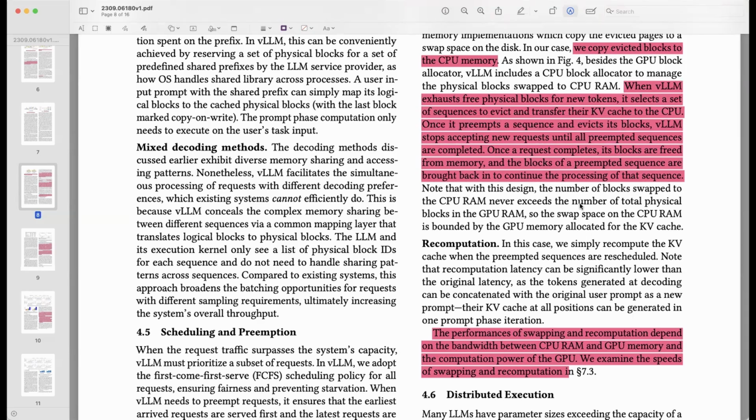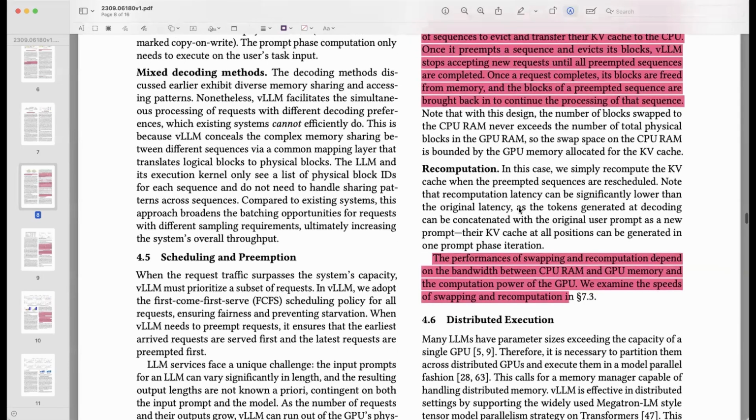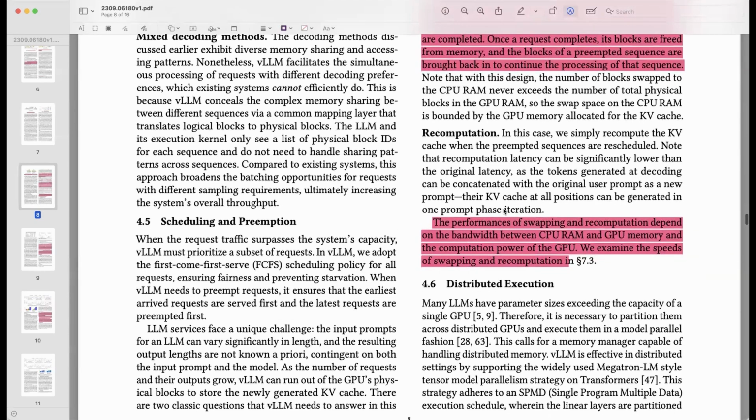You won't be doing decode for those 10 again. You would basically take 20 plus 10, 30, do a pre-fill, and then do the last remaining 10 decode. So they say the latency is not as high as the original latency when you do recomputation. But yeah, that is also an option. You can just delete that one request and recompute it later.